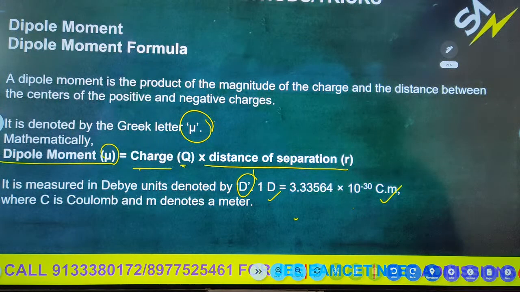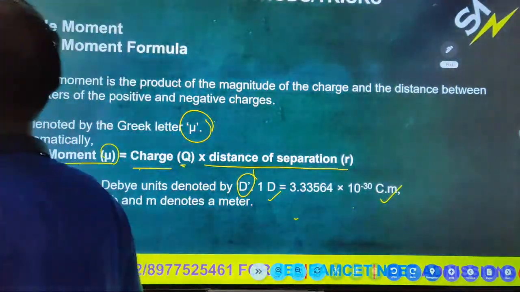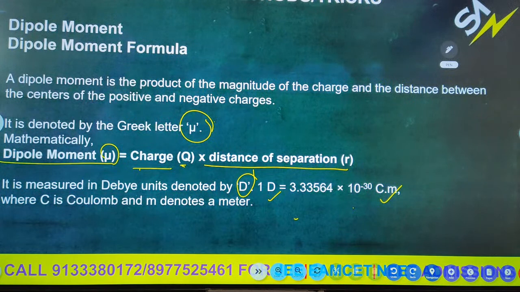Cm here does not mean centimeters; it means coulomb meters. We measure the dipole moment in coulomb meters. So these are the units for dipole moment. Both the dipole formula and the dipole moment are required for us to do the sums.